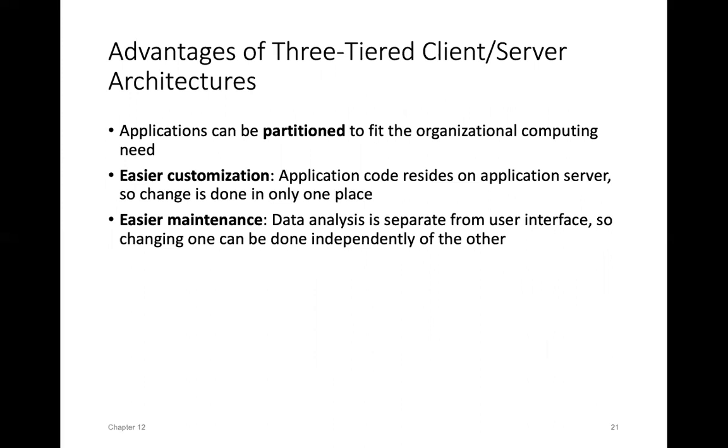In a three-tiered environment, the application is moved onto the application server, which means it's more powerful, with faster response times to users. What else? Easier customization and easier maintenance. So the three-tiered client-server environment is far more efficient, easier to customize, easier to maintain, and probably cheaper in the long run as well.